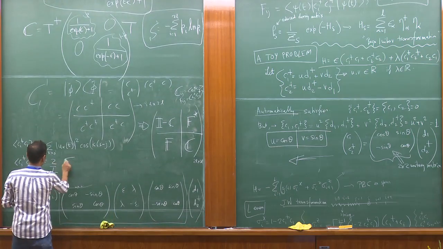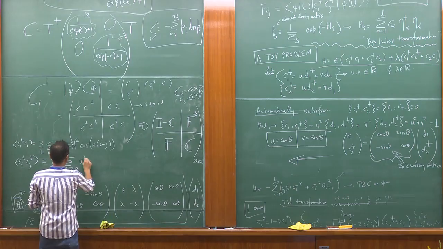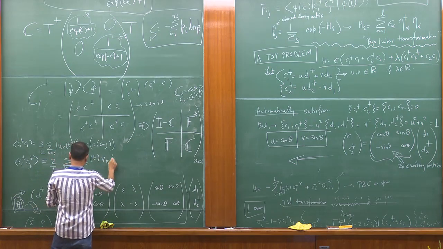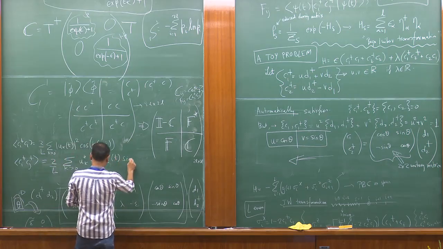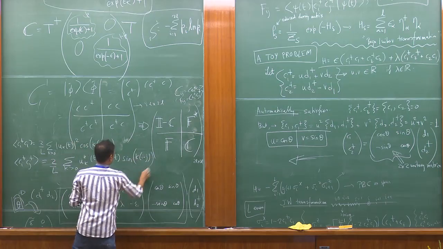Divided by L, sum over k greater than 0, u star k is a function of t, vk is a function of t, sine k i minus j. Okay, good.